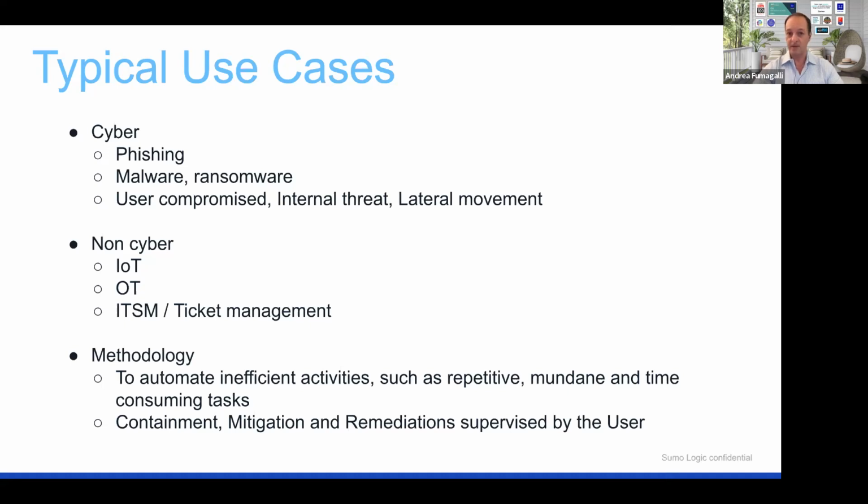Malware and ransomware are on the rise these years, so definitely it's another important use case. But then also insider threats, compromised users, lateral movement, privilege escalation. These are the typical use cases that go under the umbrella of internal threats. These are the top 3 typical use cases that we implement with all our customers.